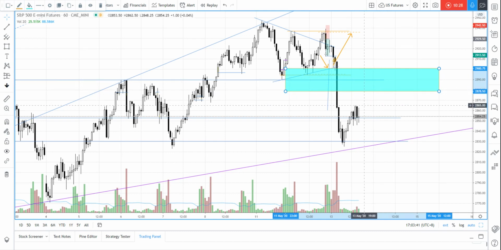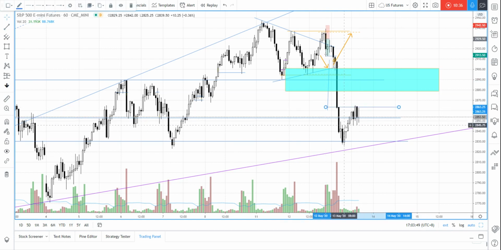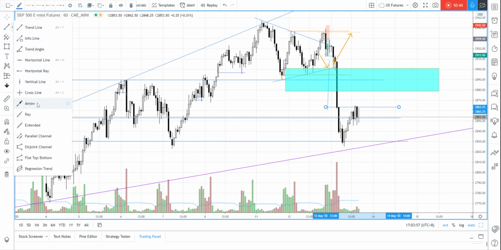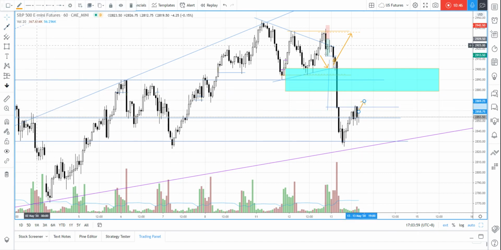Or if the rally right now is very weak, we might not even see a rally up to that level.